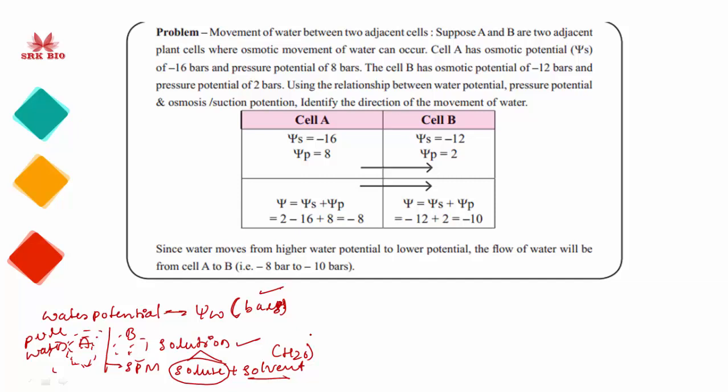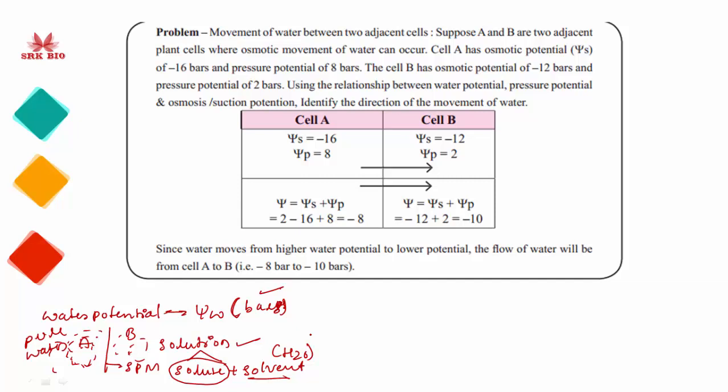The free energy of the water molecule, which is used for movement, is nothing but the water potential. The difference in the free energy of the water molecule in pure water and the water molecule in the solution is called water potential.